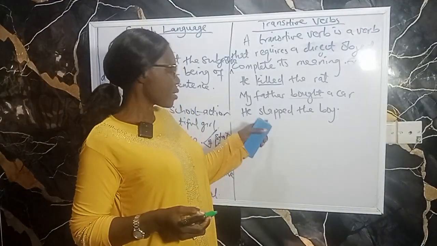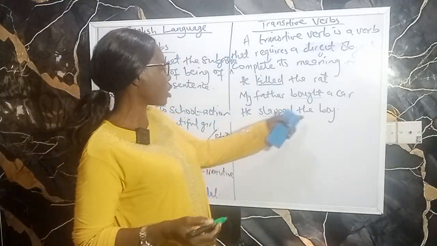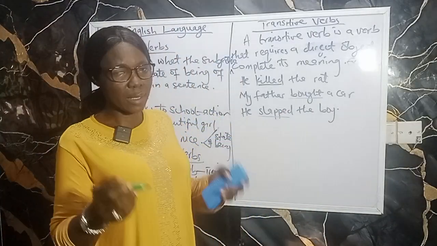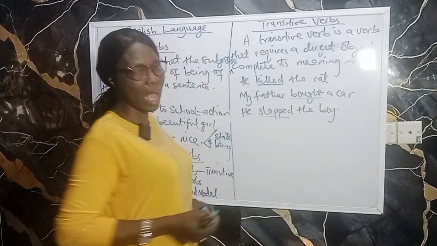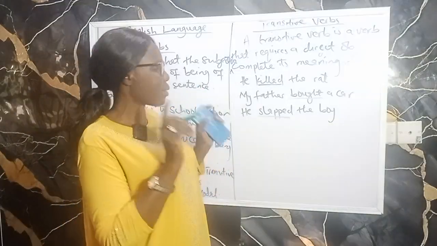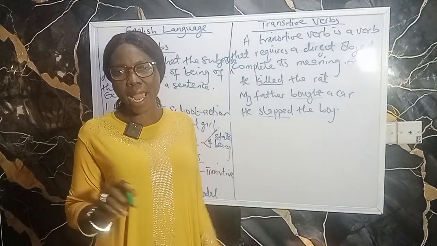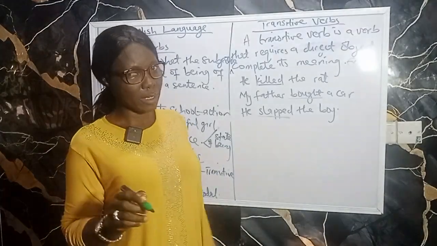Slapped here is a verb followed by a direct object, the boy. So slapped is a transitive verb too. All the verbs here are transitive because they have one thing in common, and that is they are followed by a direct object. Do you get it?